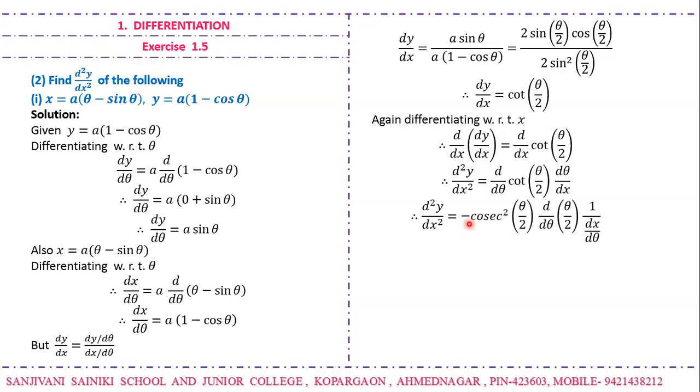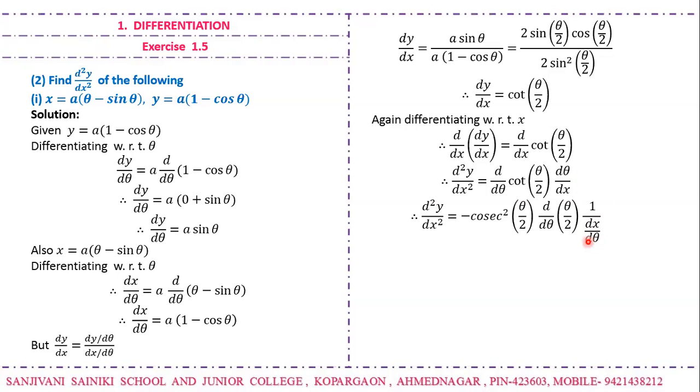So minus cosec square theta by 2 into d by d theta of theta by 2. That means for cot of f of x, its derivative is minus cosec square f of x into f dash of x. And for the derivative of the inverse function, using that formula, d theta by dx can be written as 1 upon dx by d theta.